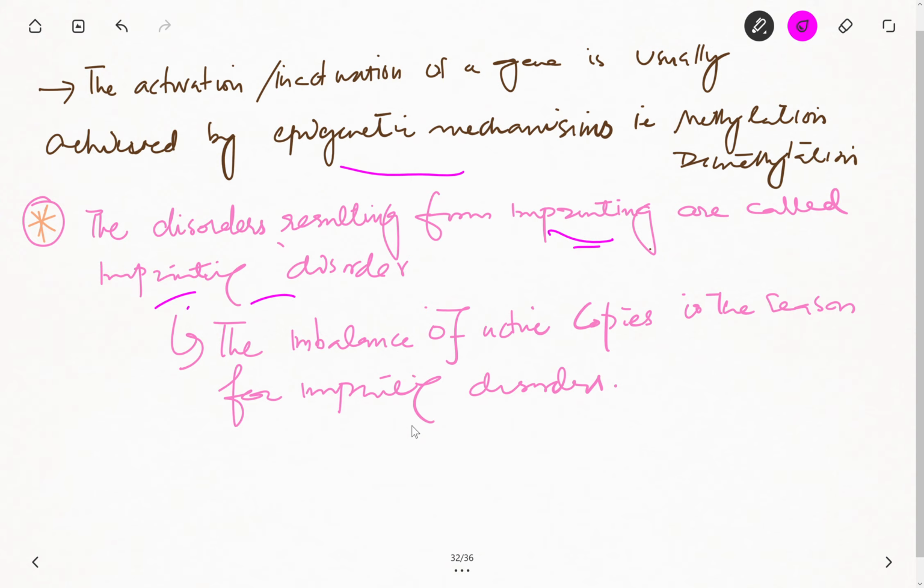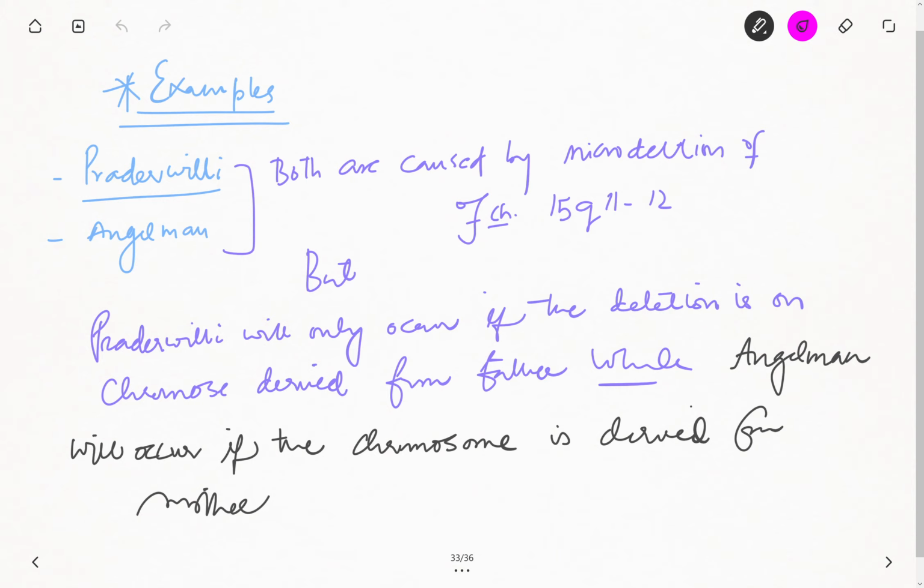As we know, both copies should remain active, but in this case only one copy remains active. We will discuss this in detail later. Examples are Prader-Willi and Angelman syndromes.